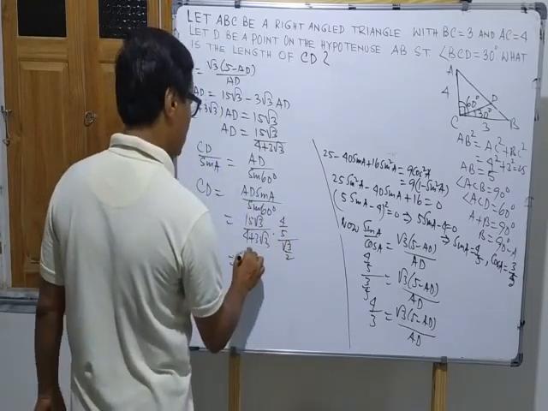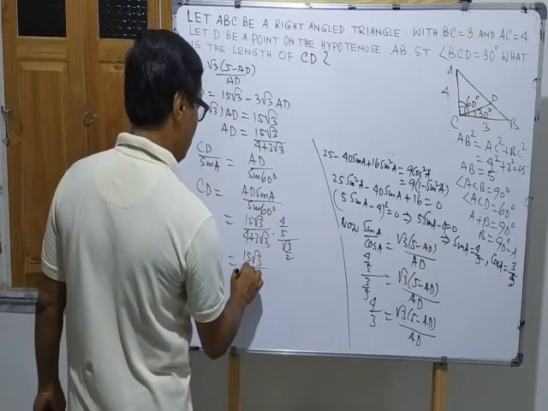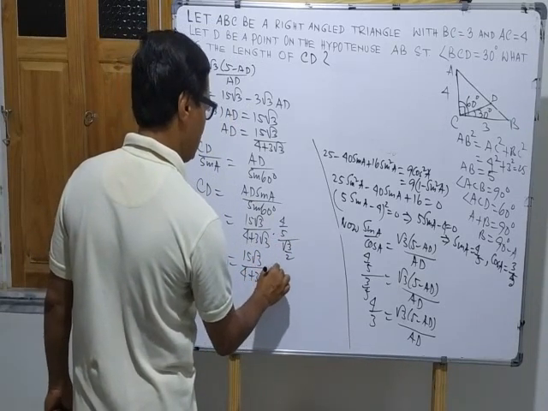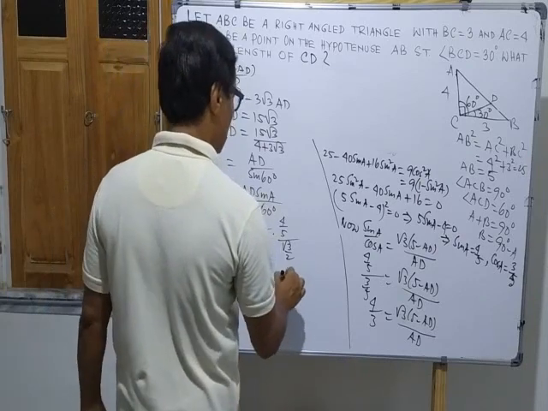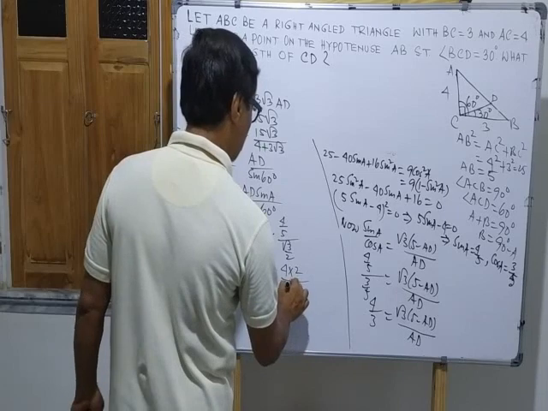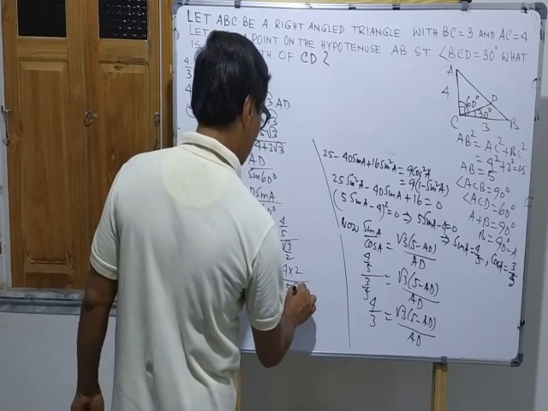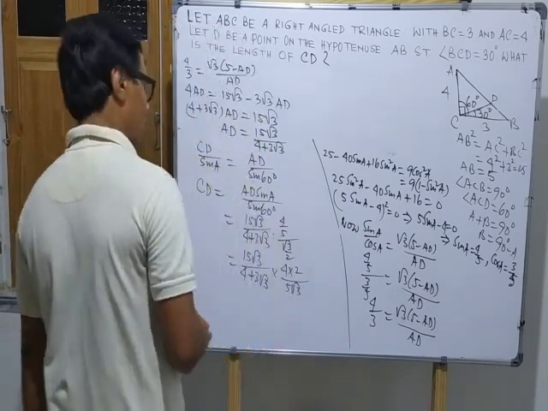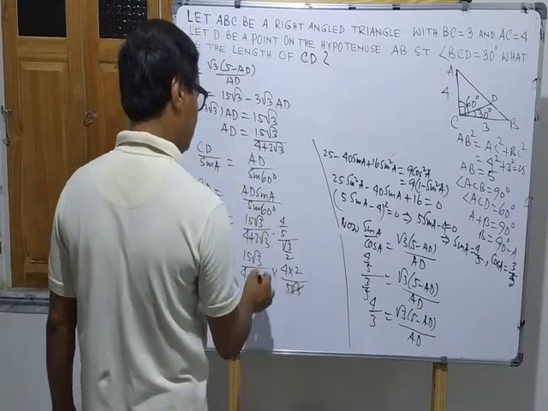So this is equal to 15 root 3 over 4 plus 3 root 3 into 4 into 2 over 5 root 3, and root 3 is cancelled out.